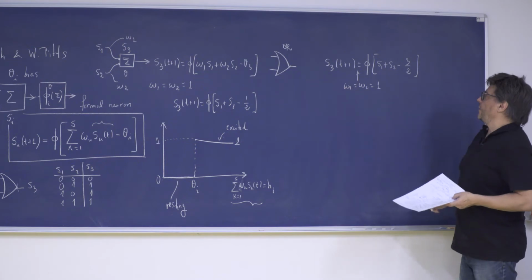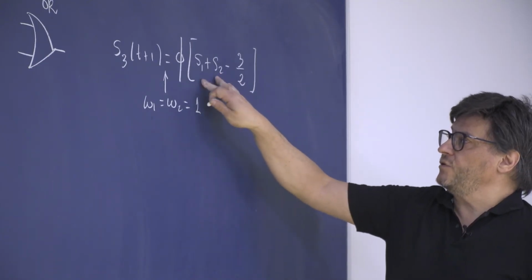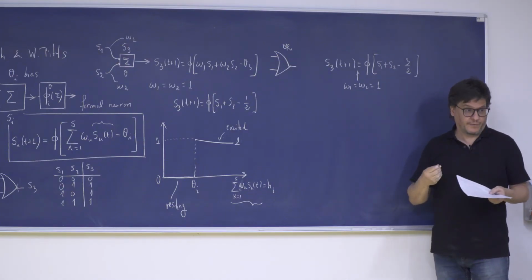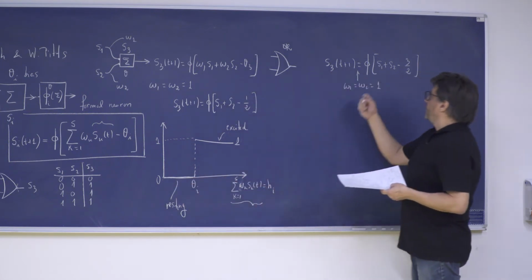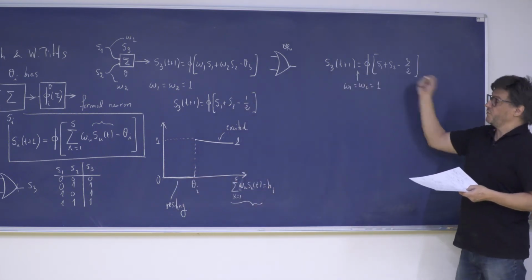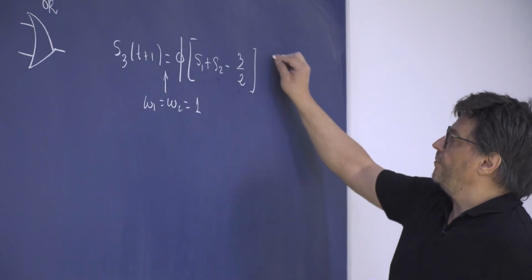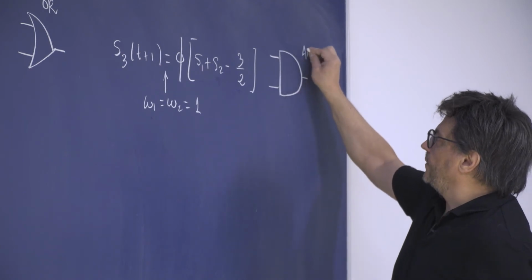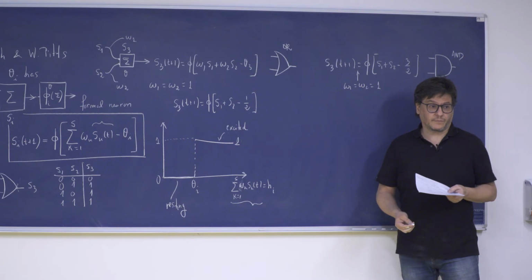It's just a number I can use that fulfills that condition. For 0, 0, 0, 1, 1, 0, this is not enough. It's going to give a negative number, so 0, inactivation. If I have 1, 1, 2 minus 3/2 is larger than 0. So this implements my AND gate. This is the equivalent of a neural AND gate, all right?